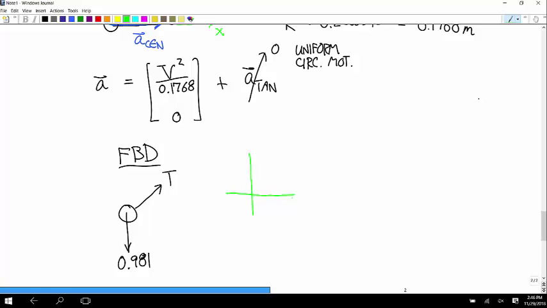So if this is our coordinate system, we'll put the tail of the vector at the origin, and its magnitude is T. This angle is 45 degrees.